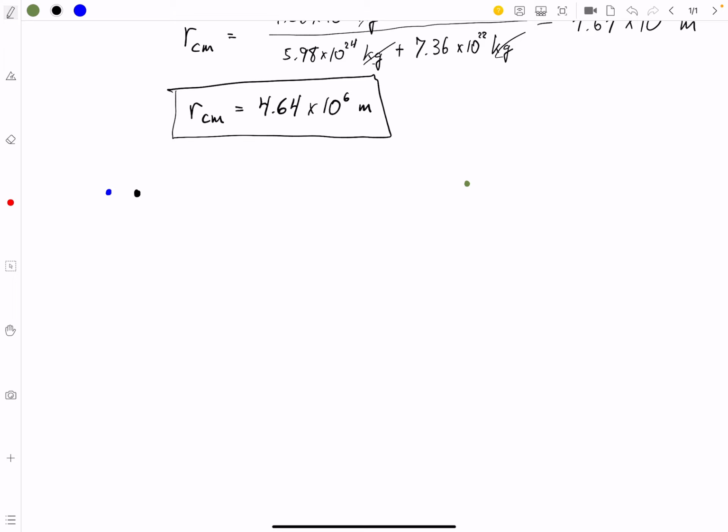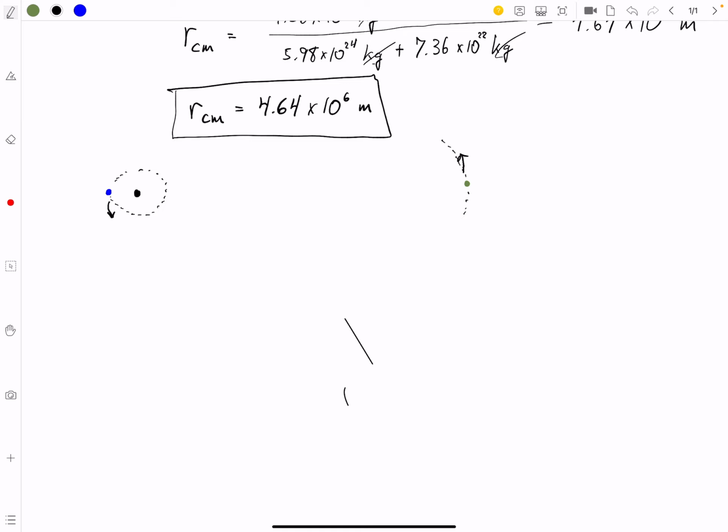Now, the moon, let's say, goes this direction around the Earth. Well, they both have to circle this center of mass, okay? So if that moon is going that direction, then the Earth is going this direction, and the Earth goes in a circle about the center of mass like that, and so does the moon.